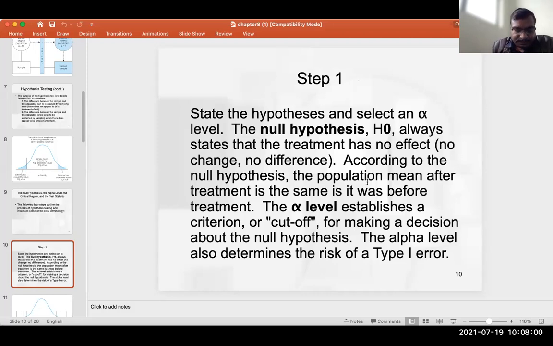What is the alpha value? Can anyone tell me? In the last class, we defined the alpha value. What do you mean by the alpha value? There are two things.